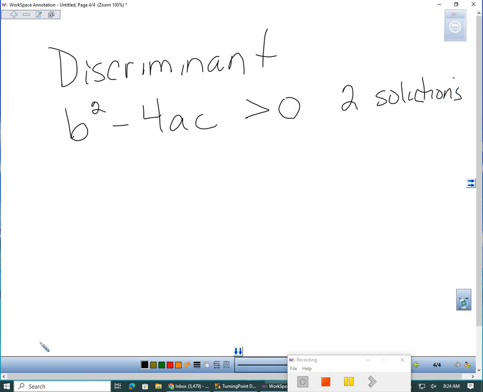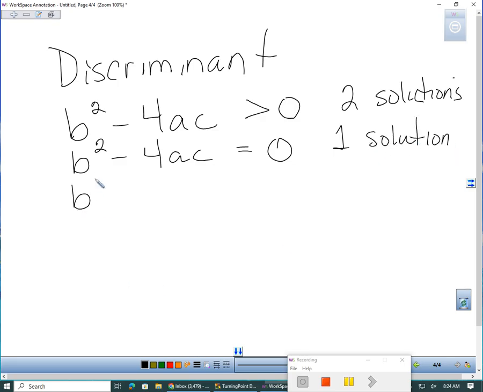If it equals 0, you have one solution. And if it's less than 0, or you get a negative number, this is no real solution.